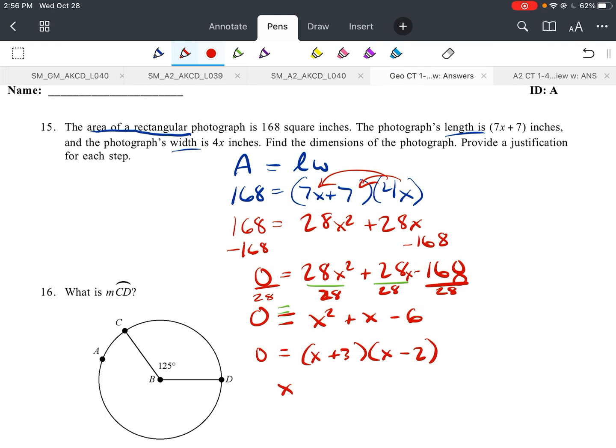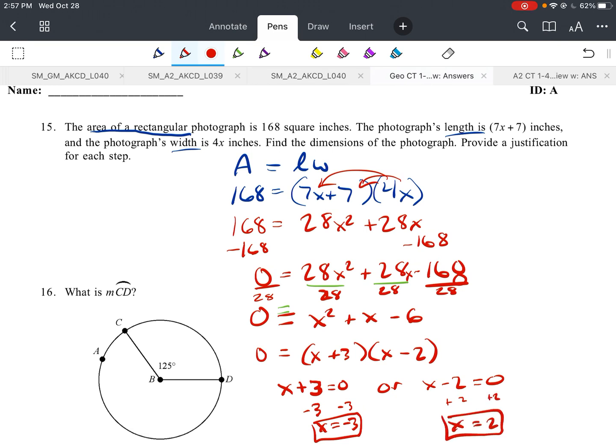You could probably shortcut some of this, but we won't do it. x plus 3 equals 0, or x minus 2 equals 0. So one of those two things is 0. We'll subtract 3 and find out. So x equals negative 3. Awesome. Add 2 to both sides, and x equals 2.